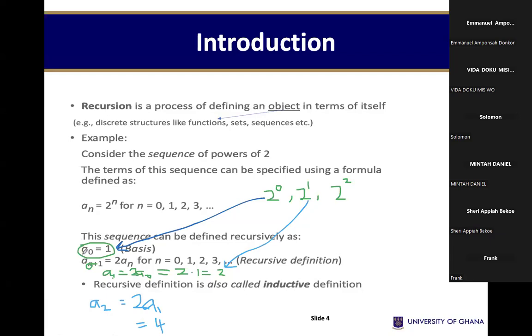If n is equal to 1, this is going to be 1 plus 1, which gives me a2 equal to 2a1. I know a1 from the previous iteration is 2, so that gives me 2 times 2, which is 4. And that 4 is the same as 2 to the power 2.